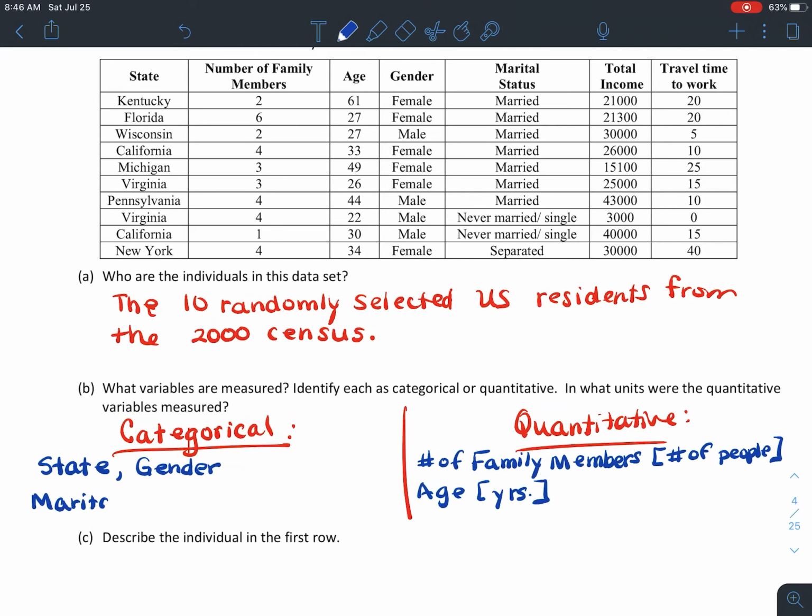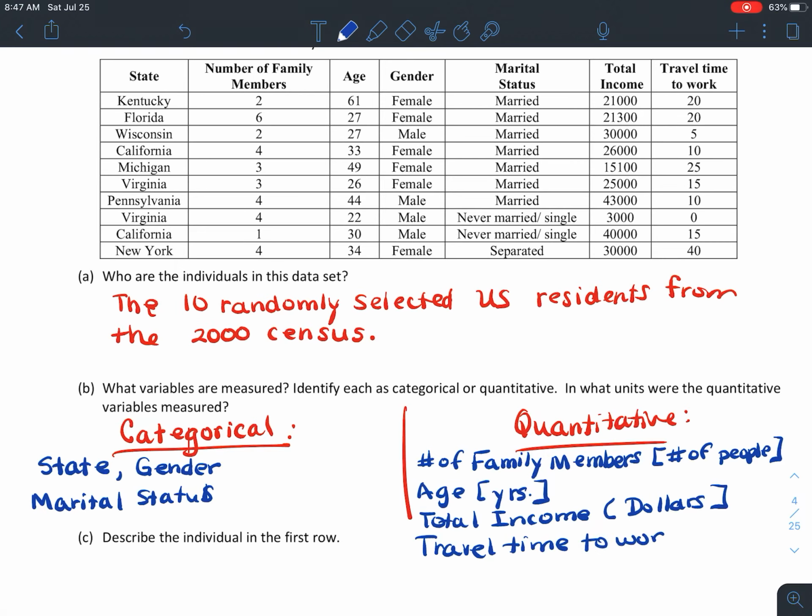Marital status, also categorical. Total income, that's back over here on quantitative. That would be measured in dollars. And then travel time to work is in minutes, okay?